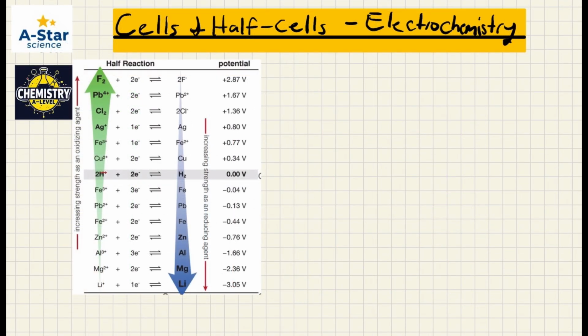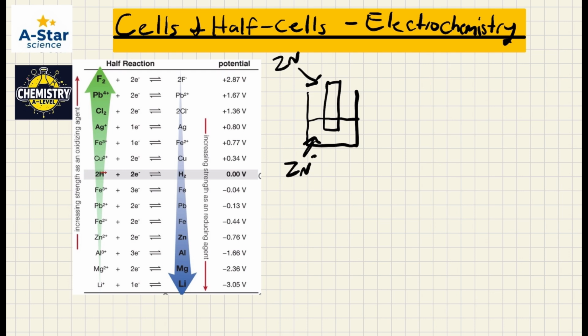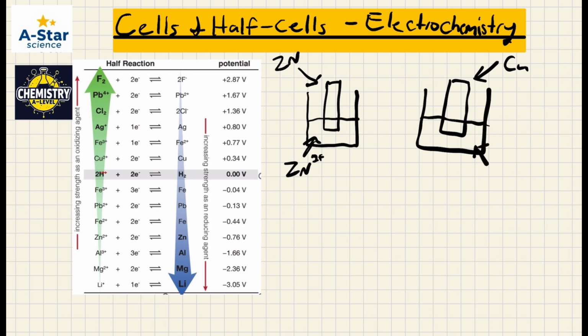Now, when we have two half cells together, again, if we create two half cells, in this case, we'll use zinc here and an electrolyte of zinc 2 plus, so zinc sulfate, and then we'll use this one as copper. We'll put a piece of copper in, like so, elemental copper, and we'll use copper sulfate.